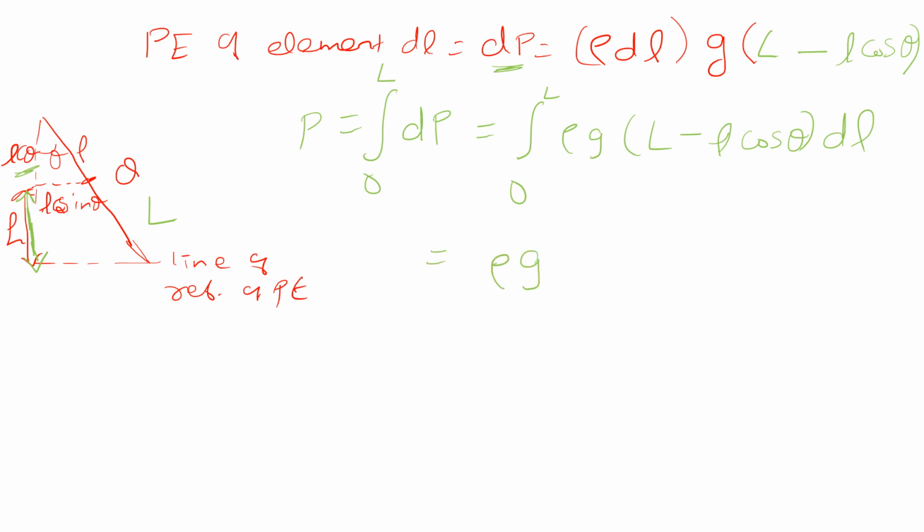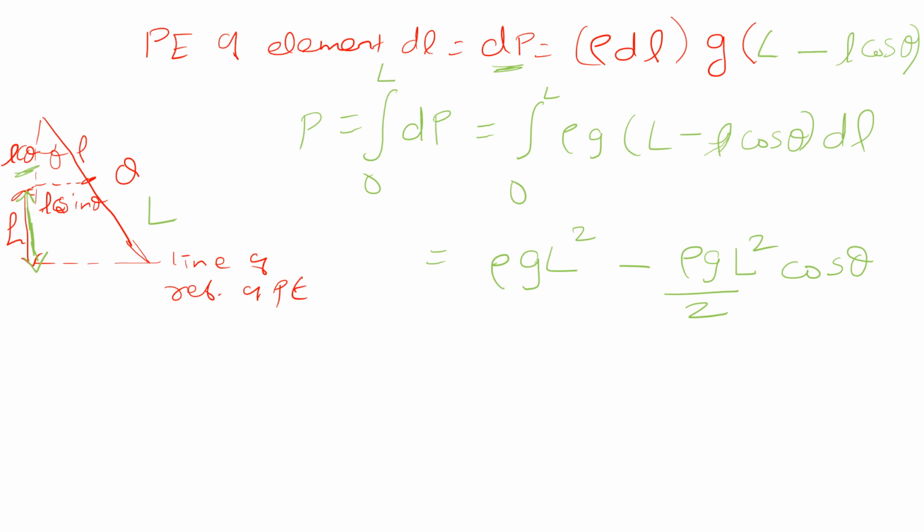So you'll be getting rho G L squared minus rho G L squared by 2 cos theta, as rho G is constant. So when you integrate l dl, it will be l squared by 2.